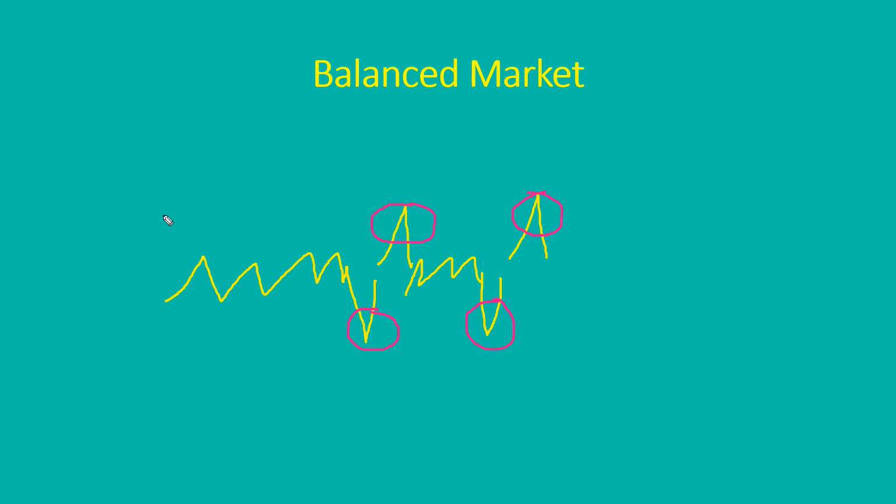Alright, which means that there's a temporary balance between buyers and sellers. A good strategy in the balanced market is to trade from those rejections back into the rotation, which means you are taking shorts from the rejections of higher prices and you are taking longs from the rejections of lower prices. Alright, so those are the rejections in a balanced market.